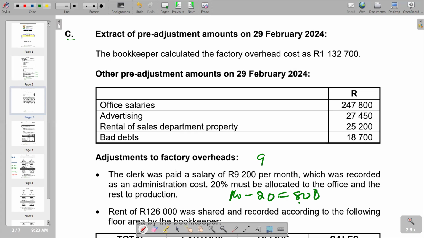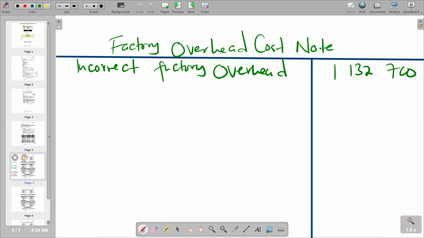So for 12 months for the annual, we're going to say 10,200 times 12, and we see what we get there. If you multiply 10,200 by 12, we're going to get 110,400. So 80% of 110,400 is the one that is supposed to go to the production. So we summarize the working here, whereby we are going to see factory indirect labor.